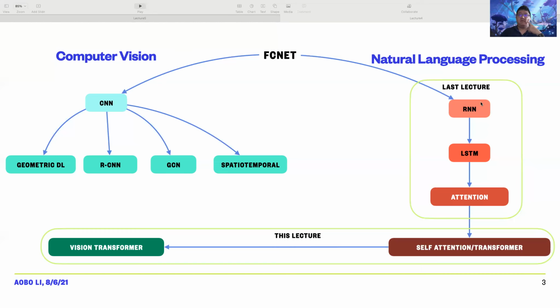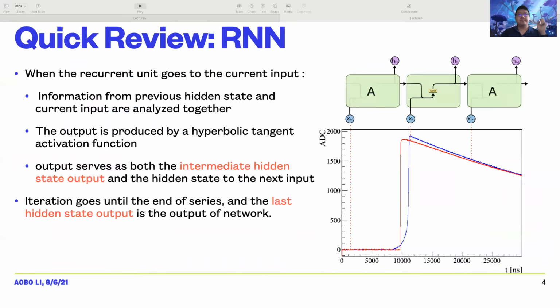We start from a recurrent neural network model, and then we empower it to a long short-term memory model, and then we add attention to it, and eventually we move into this region where we use self-attention and a transformer model to deal with this kind of problem. And actually, what you will find is that the machine learning community ended up using this transformer model to also solve computer vision problems, like analyzing images. So that's something we will cover at the end of this lecture.